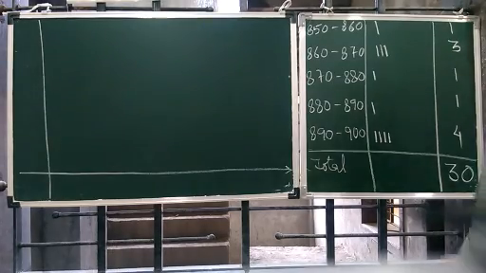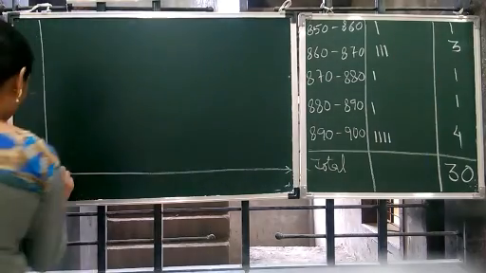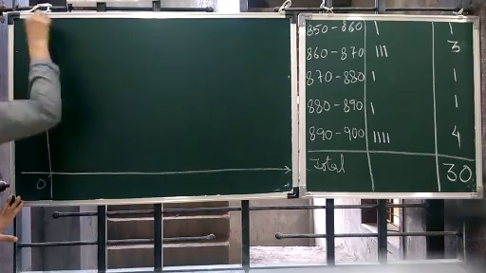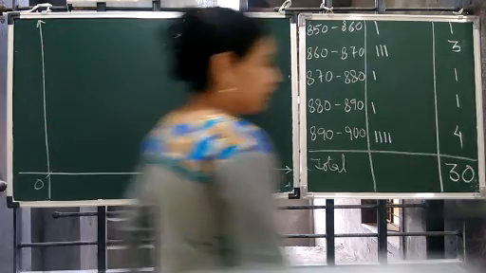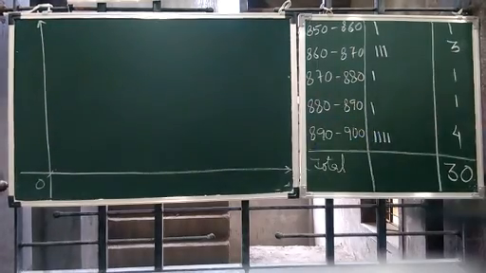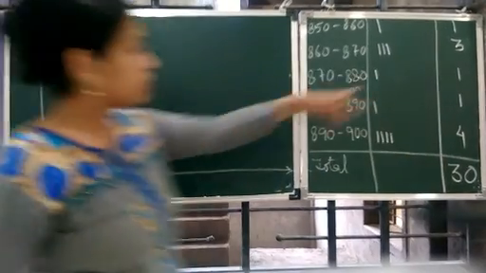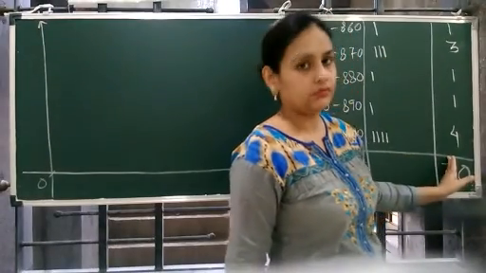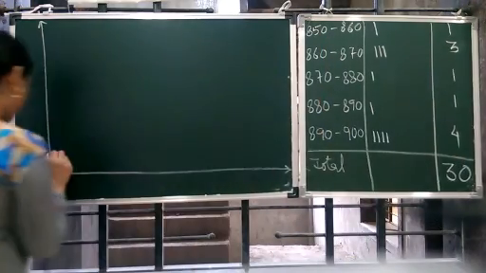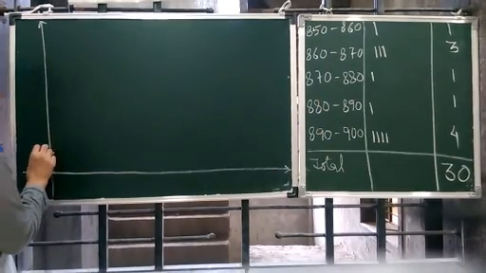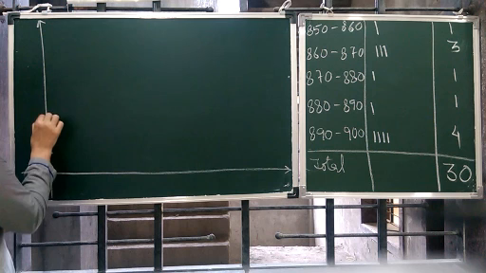So we make the x-axis and the y-axis. This is the 0. Now this will be the number of workers. After 0, we take 1, 2.